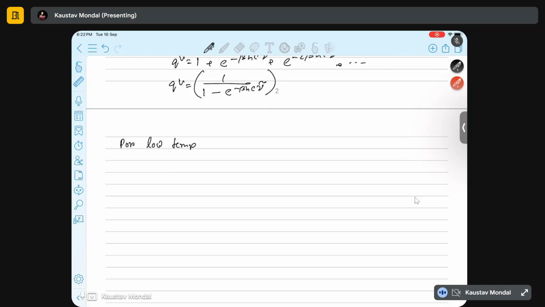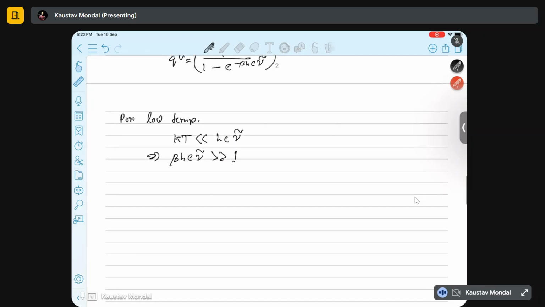Low temperature case means kT would be smaller than hc nu tilde. So beta hc nu tilde would be greater than 1.